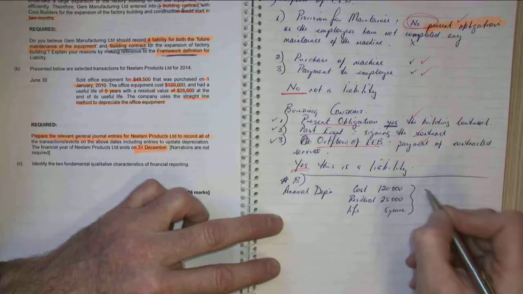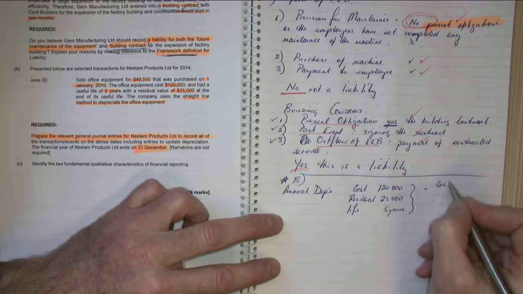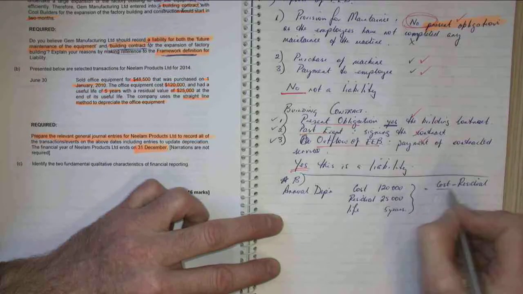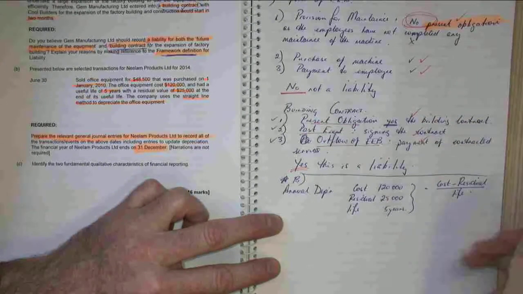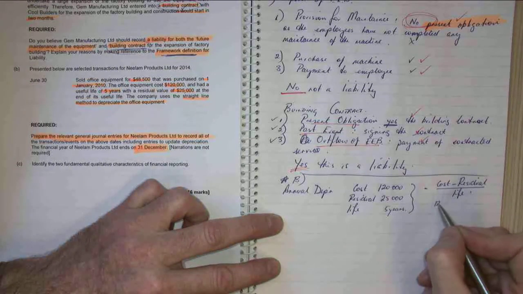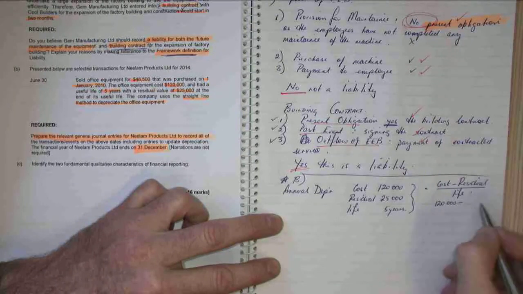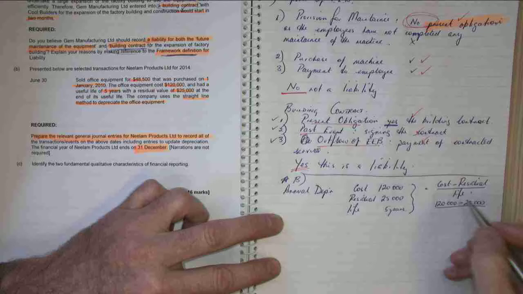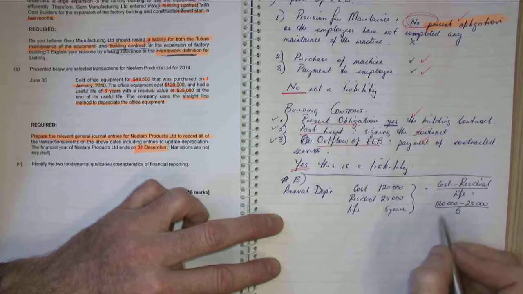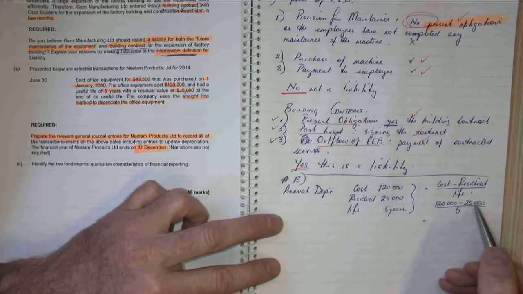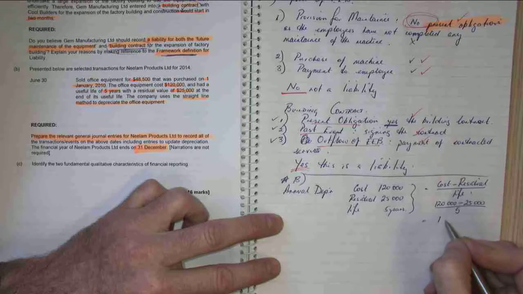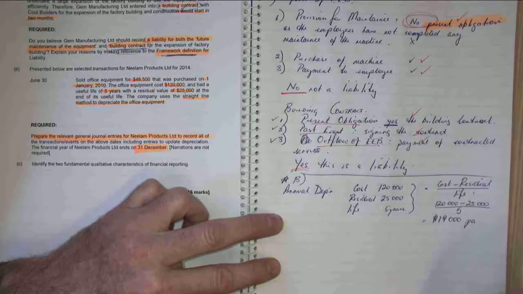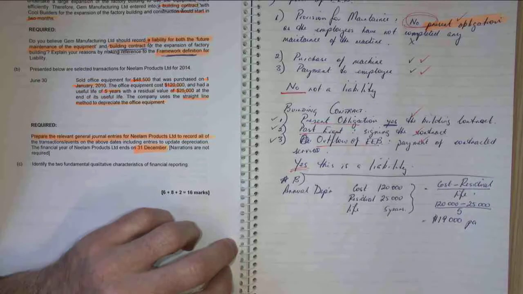Annual depreciation equals cost minus residual, divided by life. So I've got 120,000 minus 25,000, divided by 5 years. That's 95,000 divided by 5, which is 19,000 per annum. So that'll be my annual depreciation.